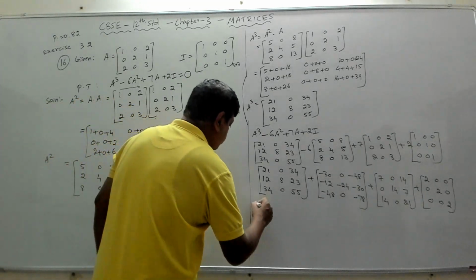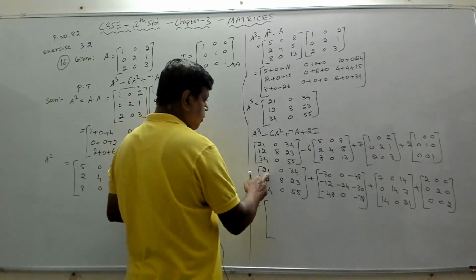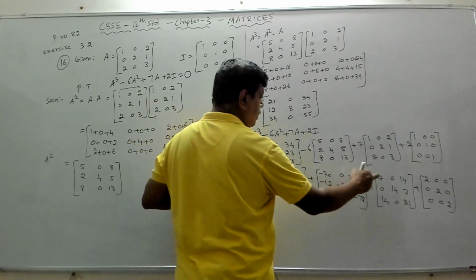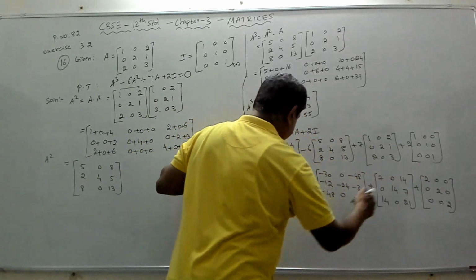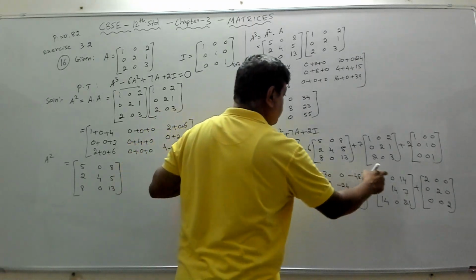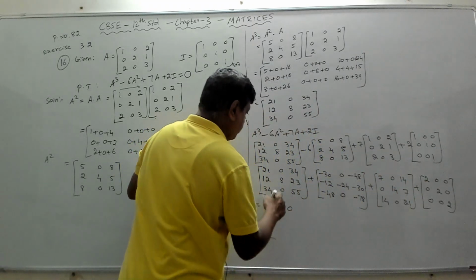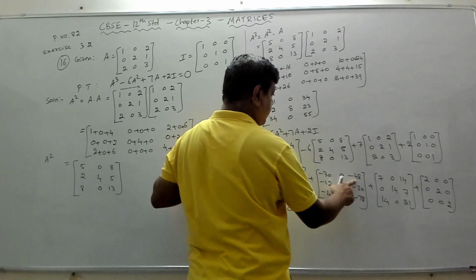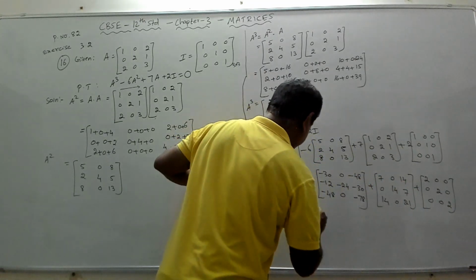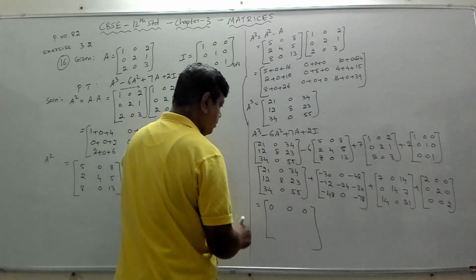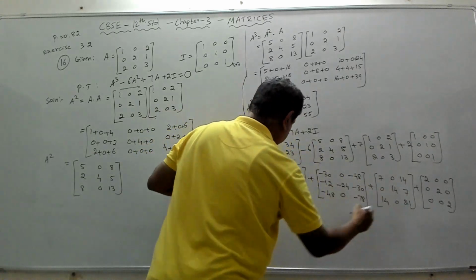Now, if you do this, finally, 21 minus 30 is minus 9, minus 9 plus 9 is 0. Then 0 plus 0 plus 0 plus 0 is 0. Then 34 plus minus 48 is minus 14. This is plus 14, which is 0. Again 12 minus 12 plus 0 is 0.